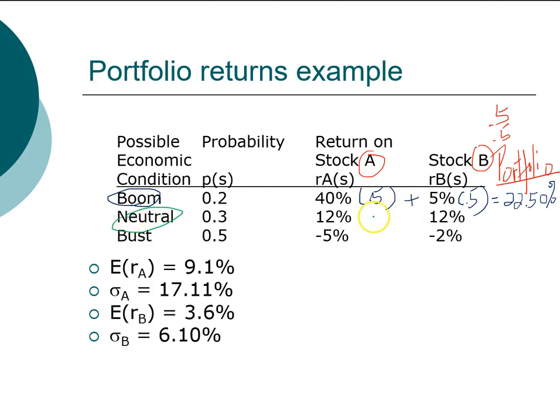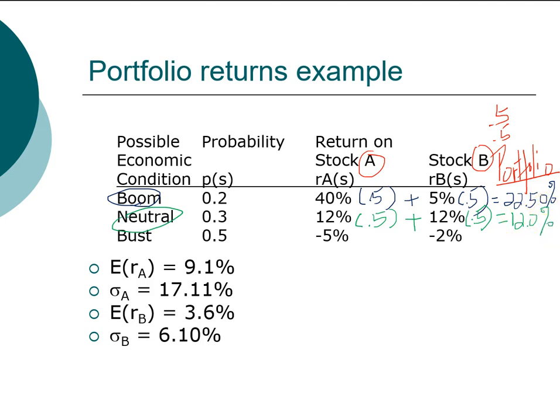Now let's see what our portfolio will do when the economy is just neutral. Remember, we place our investment beforehand, so we don't change our weight. It's always 50%. You can think of it as you lock into your investment. So half of our investment earns 12%, half of our investment also earns 12%. So of course, our portfolio also earns a return of 12%.